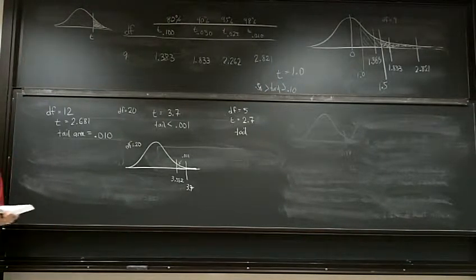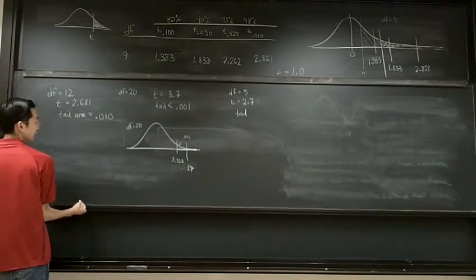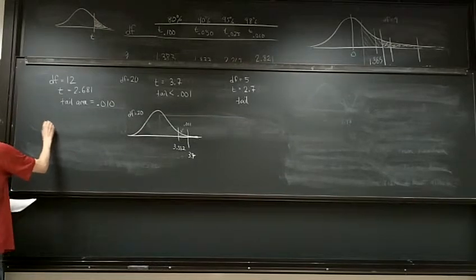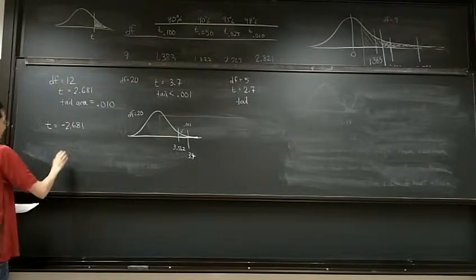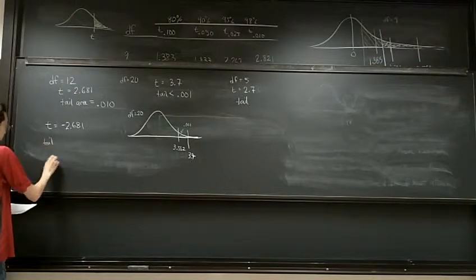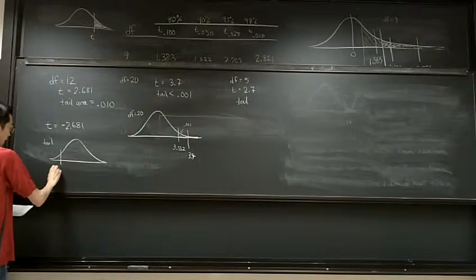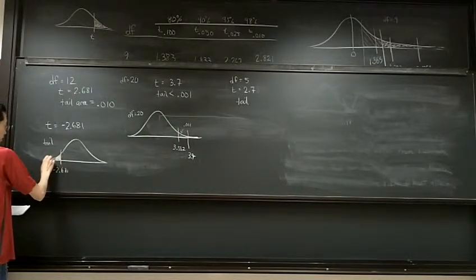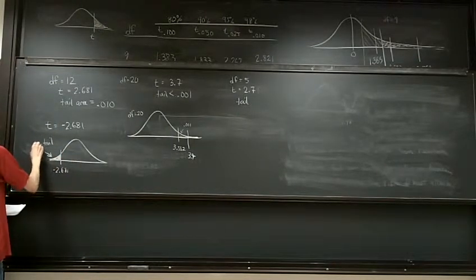All right, here's another thing to note. If I were to use T equals negative 2.681 and ask for the tail area, it would be the same idea except at negative 2.681, the tail area goes to the left, but my answer would also be 0.010.